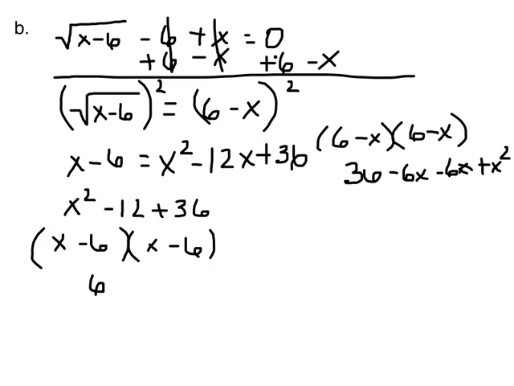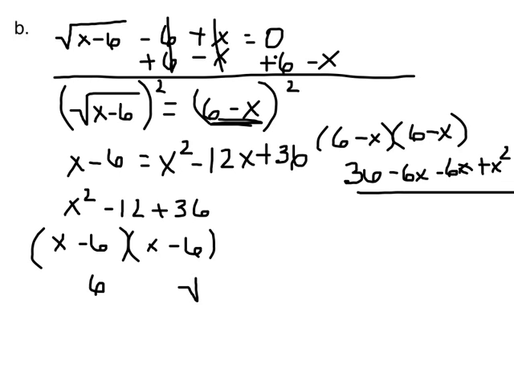Okay, so what I've done is here I had to FOIL that. I did that here, and then I factored, and I got x minus 6 times x minus 6. So if x minus 6 equals 0, then the only answer could be positive 6. So let's put that in the original equation.